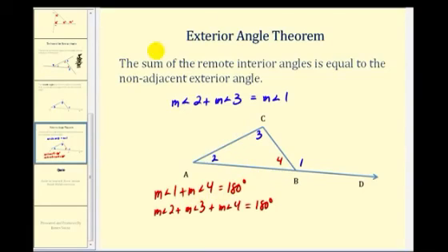Well, if we solve this first equation for the measure of angle 1, the measure of angle 1 is equal to 180 degrees minus the measure of angle 4. And if we solve this equation for the measure of angle 2 plus the measure of angle 3, we would have the same thing, 180 degrees minus the measure of angle 4. So from this we can conclude that the measure of angle 1 is equal to the measure of angle 2 plus the measure of angle 3.